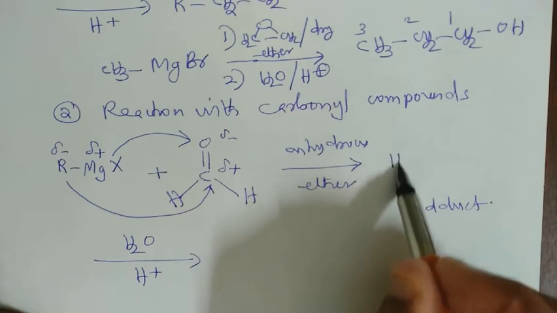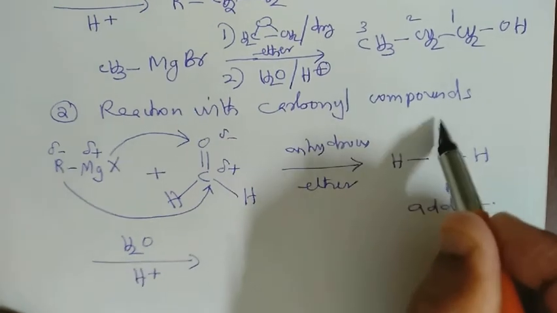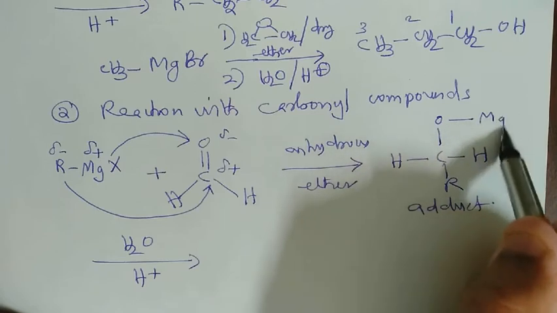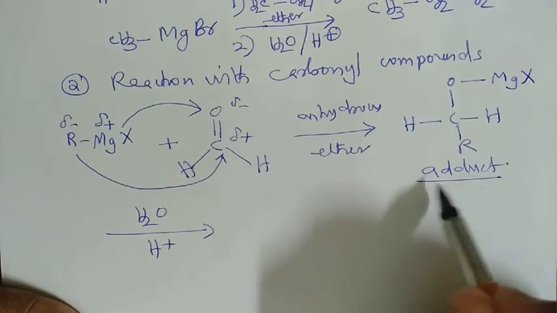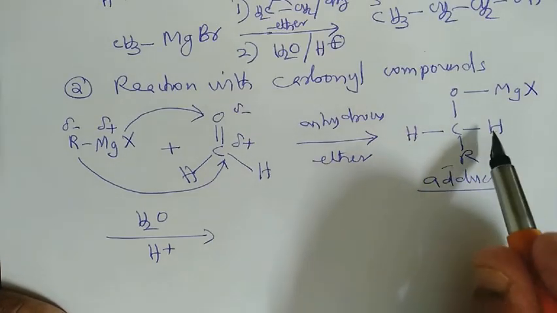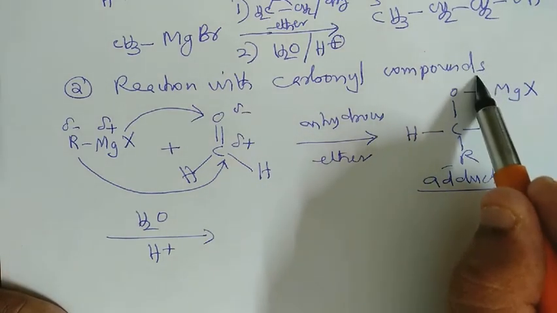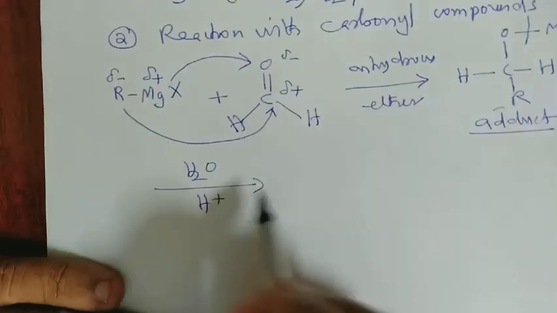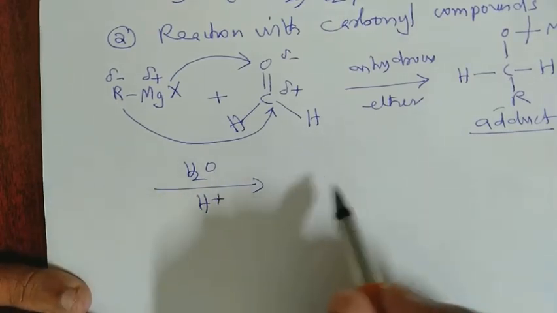So the structure of the product will be RCH2OMgX. This compound is called the addition product or adduct. Its chemical name is alkoxy magnesium halide. It can be easily decomposed by treating with water in the presence of dilute acid.